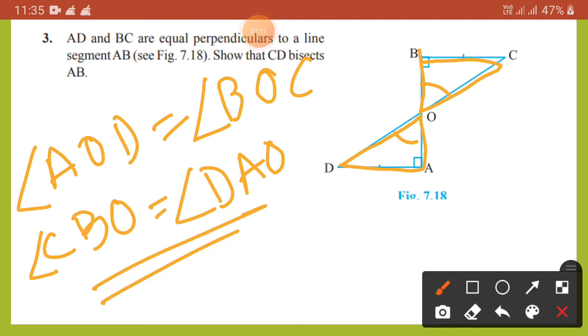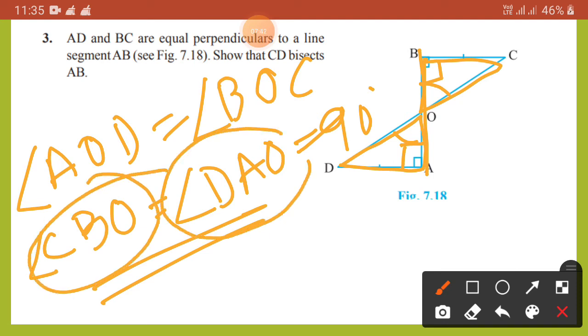Why? Because AD and BC are the equal perpendiculars to the line AB, so the angle here is 90 degrees. That means CBO and DAO are equal to 90 degrees. So we can say that angle CBO is equal to angle DAO.